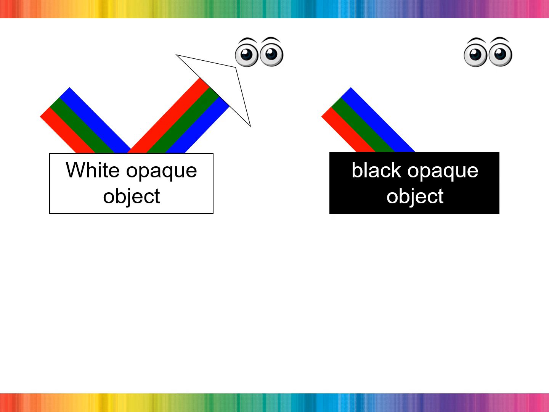When our eyes receive all the wavelengths, it will be seen as white. For a black opaque object, none of the wavelengths of light has been reflected from it, so we can't see it. We call this object absorbing the white light, so it looks black.